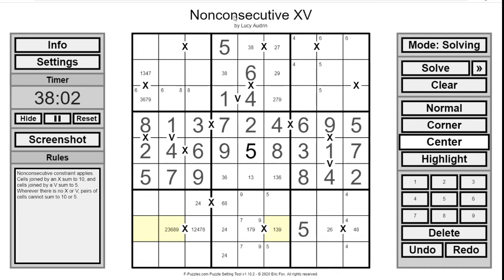There's such a giant gap in these. 3 to 8, 2 to 7, 2 to 9. Should I just keep filling out the X's, I guess?